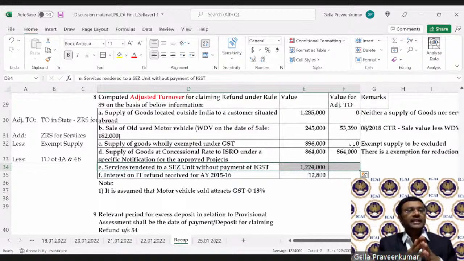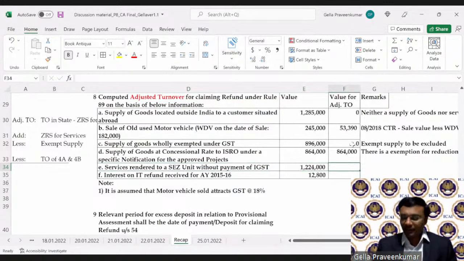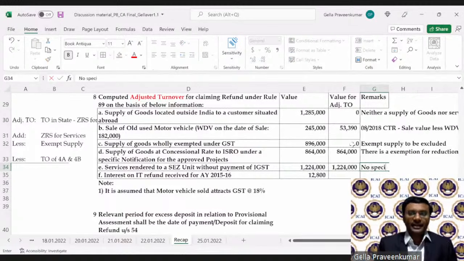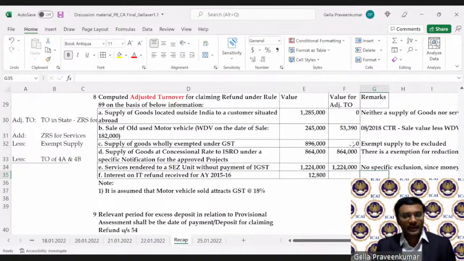This zero rated supply will be considered for the purpose of adjusted turnover. So the answer for this will be 12,24,000. No specific exclusion since money is not received in convertible foreign currency. Right? Next.